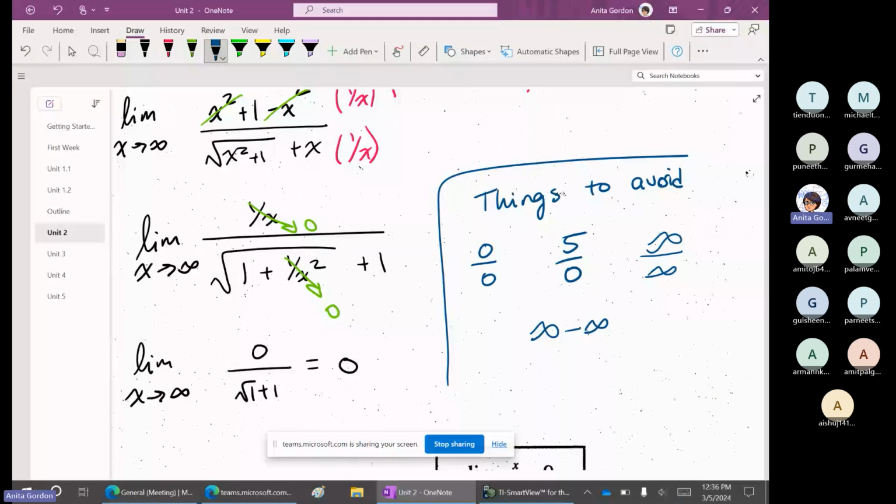So the reason that I'm showing you these strategies is because a lot of students will look at this and say it's 0, and look at this and say it's 1, and it's not. These are mathematical ambiguities that we want to avoid. So we're using strategies to show up and have concrete numbers in our equations.